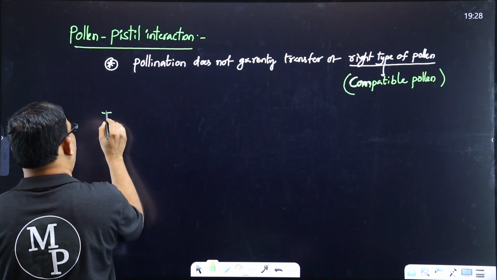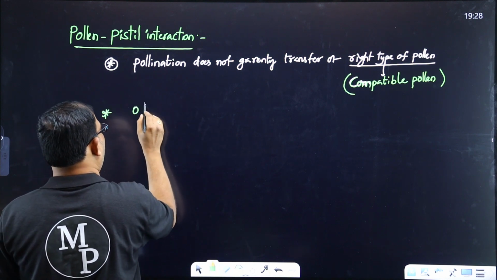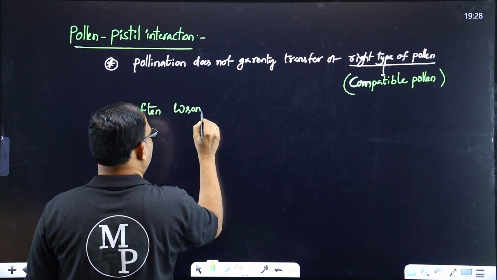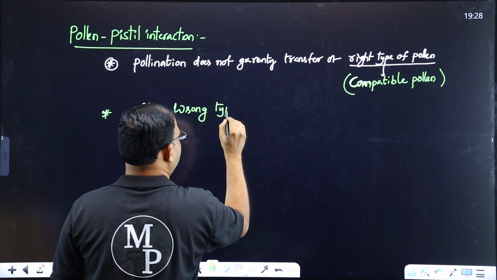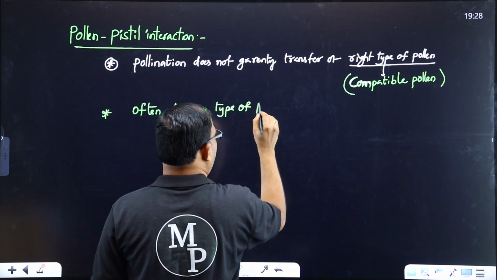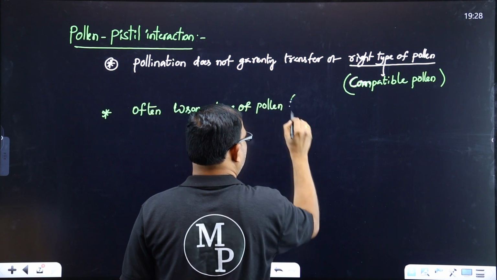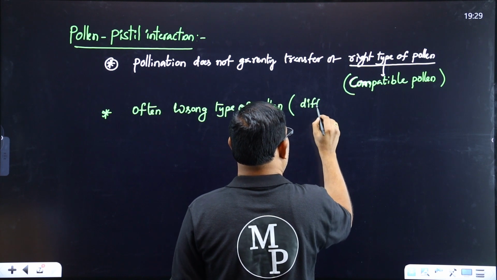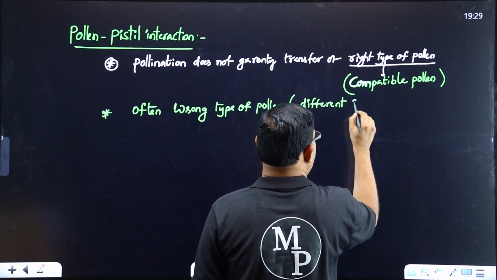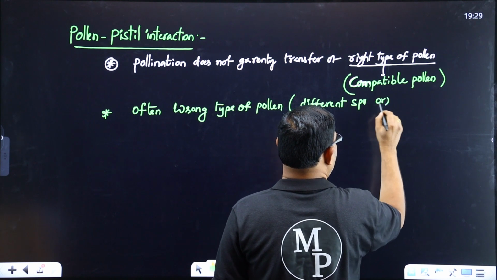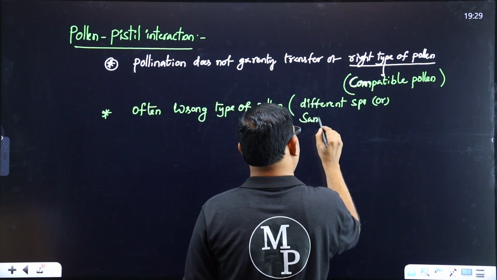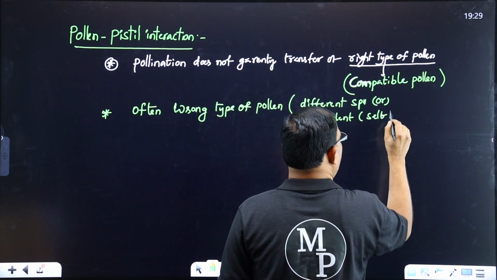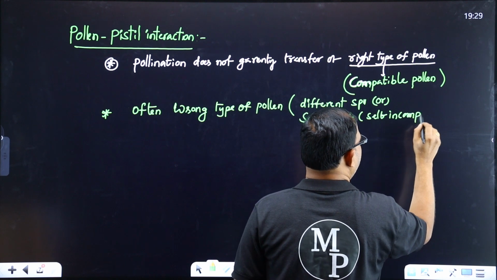That means often the wrong type of pollen also lands. The wrong type of pollen can come from a different species, or from the same plant, which is self incompatibility.